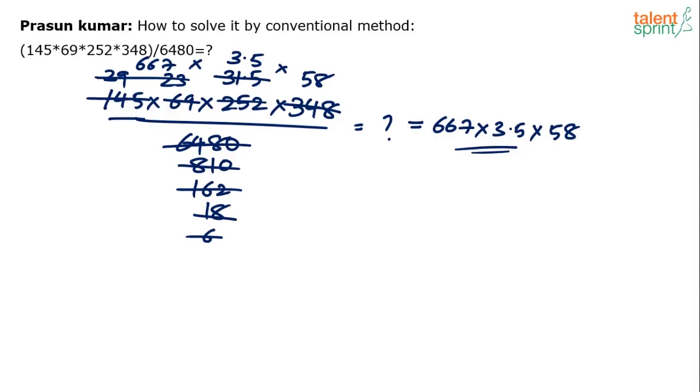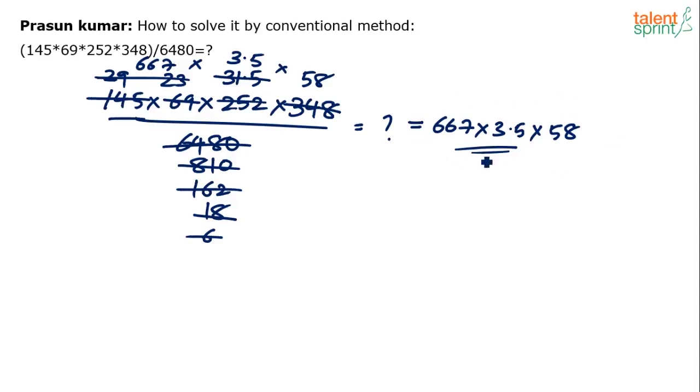Anything else that can be done? 667 can be taken as even if you take it as 666, we'll get an approximate answer, right? If you take it as 666, there's an advantage. 666 can be taken as 2 by 3 into 1000. You understand?